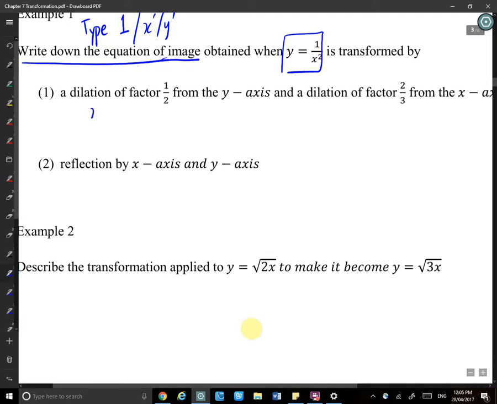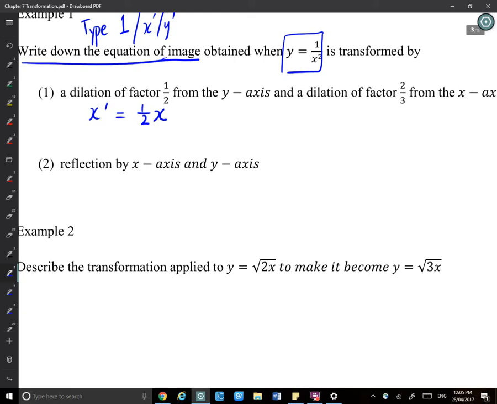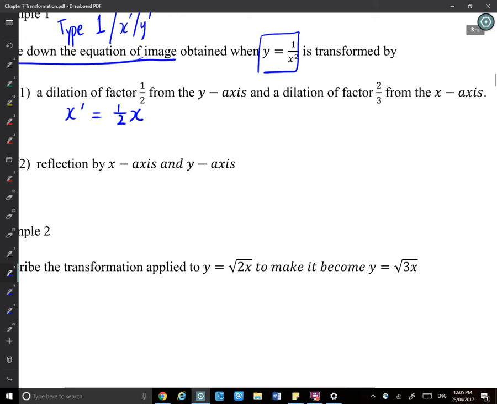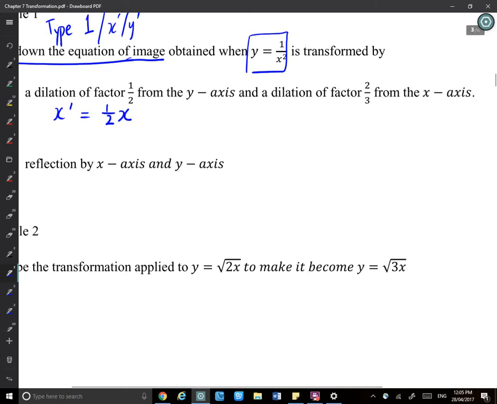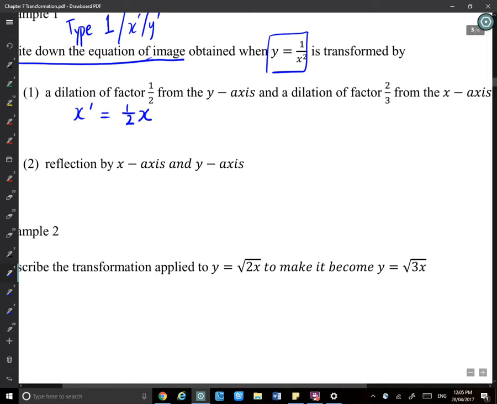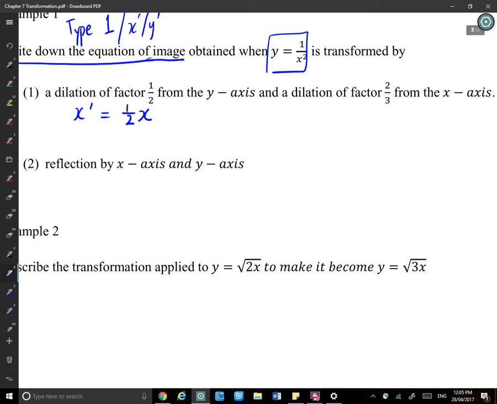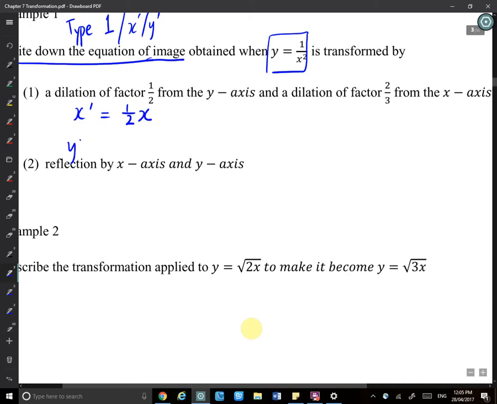So what you can write is x dash equals a half x. It's changing the x value from the y-axis. Next one is a dilation of factor 2/3 from the x-axis. Which value is changing? From the x-axis, y. So y dash equals 2 on 3 y.